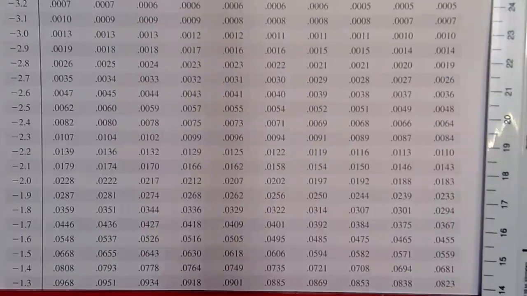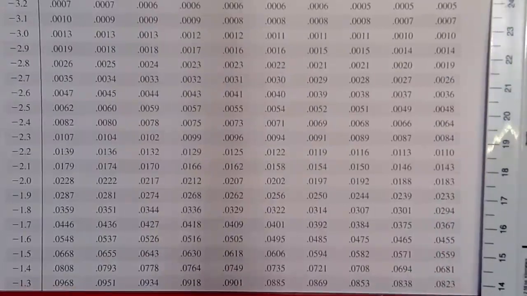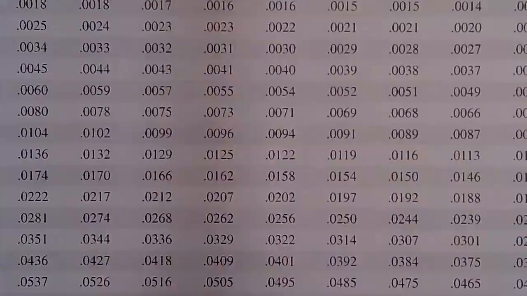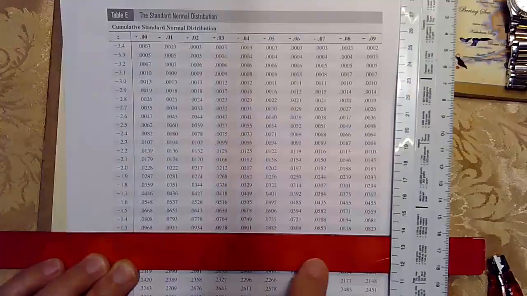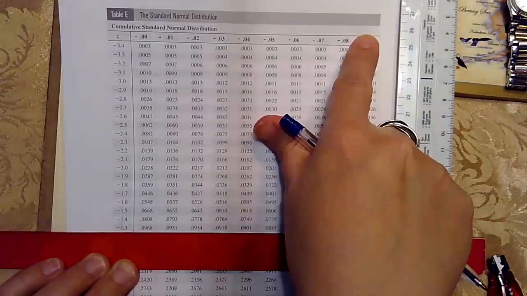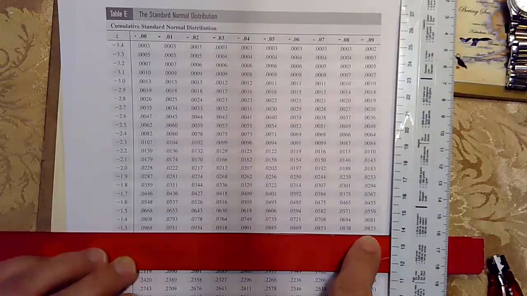And then you go all the way up to 0.09. So there it is, 0.0823 right there.